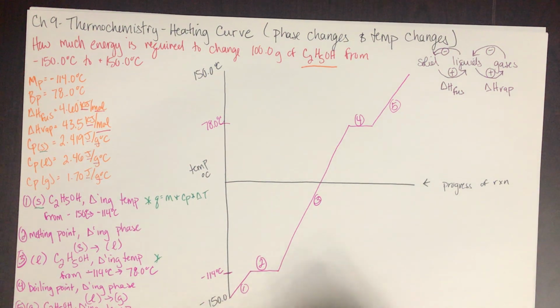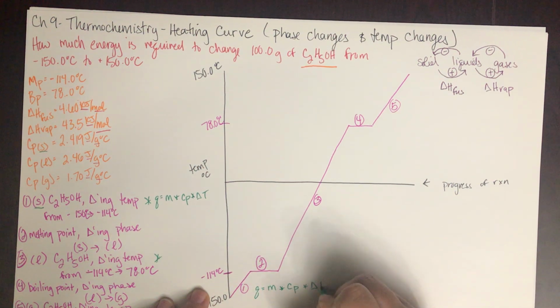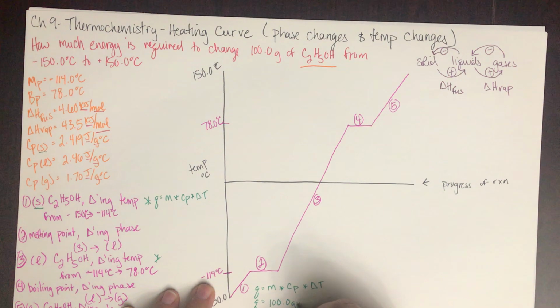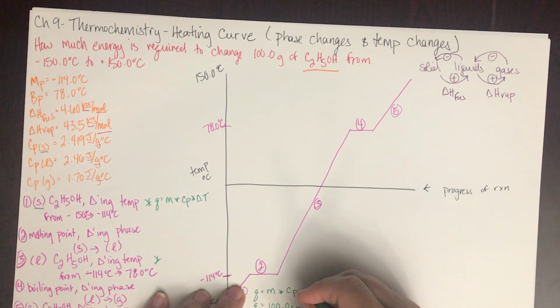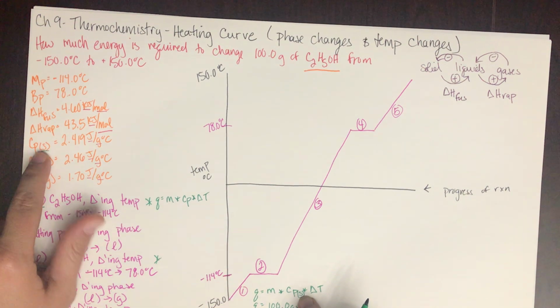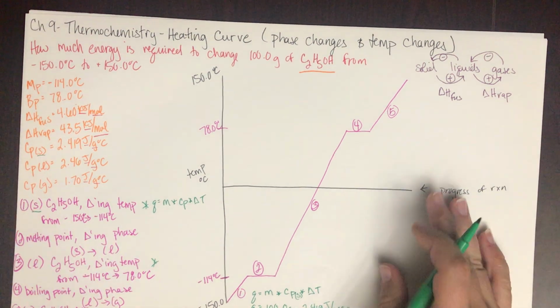Okay, so here is step 1. Q equals mass times specific heat times the change in temperature. Q equals mass, 100.0 grams, times the specific heat. I'll put the S here because we're solid, it's frozen. So right here, 2.419 joules per gram degrees Celsius times the change in temperature.